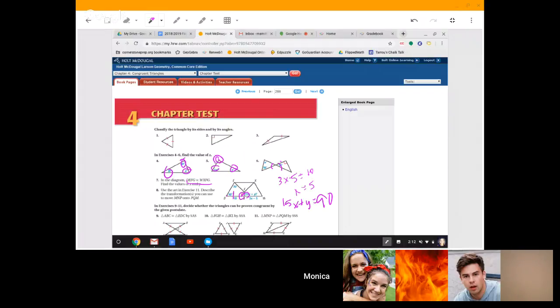Yes, vertical angles are congruent. So if we know that those two are vertical angles, then we're going to be able to tell that this angle is also equal to 50 degrees, right? So then we could say 180 minus 55 minus 50 equals x. Okay? Does that make sense?